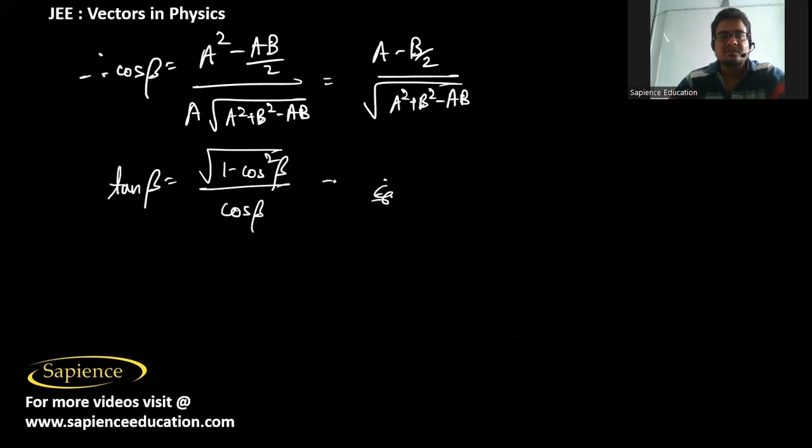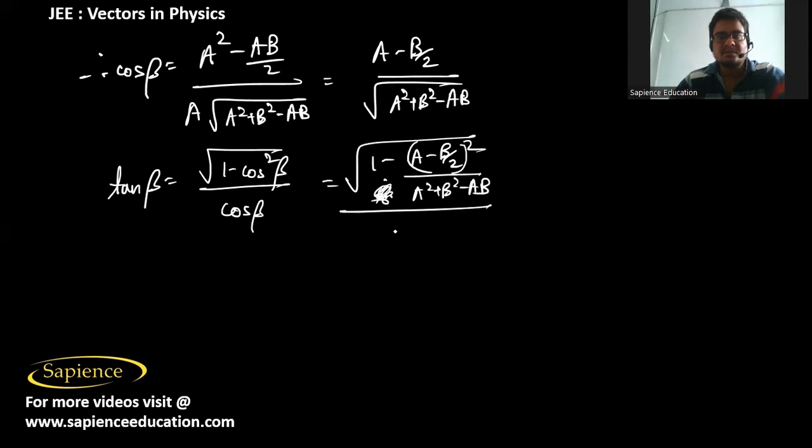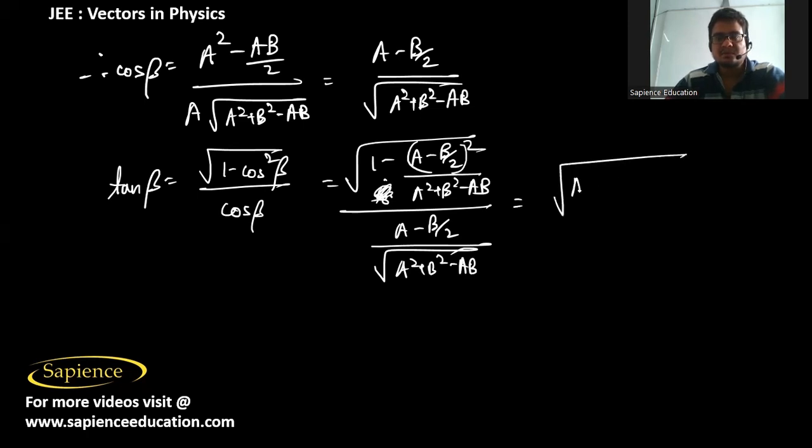Now there, which will be equal to square root of 1 minus A minus B by 2 whole square by A square plus B square minus AB, divided by A minus B by 2 by square root of A square plus B square minus AB. So this will be equal to square root of A square plus B square minus AB minus A minus B by 2 whole square.